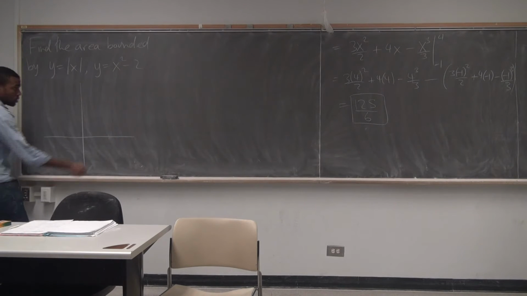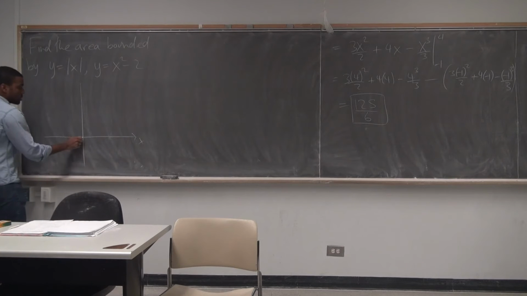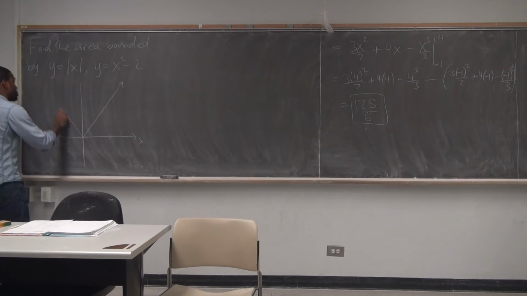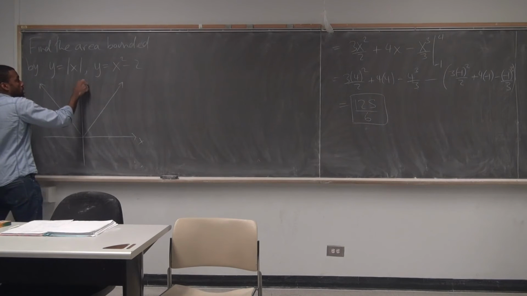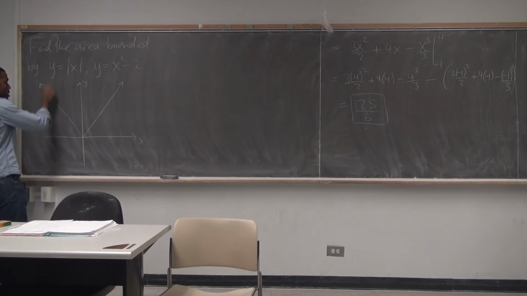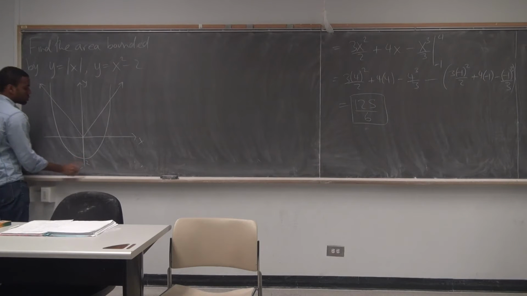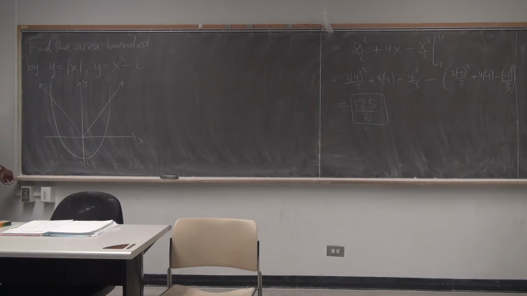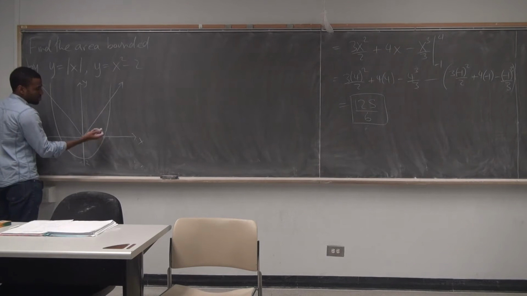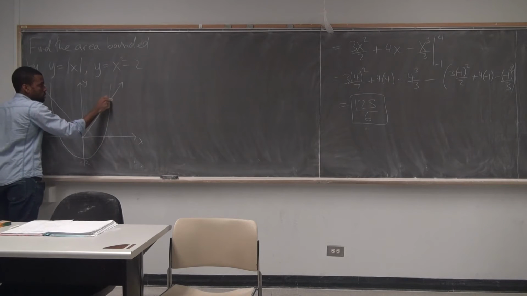Absolute value of x looks like what? So, a V. x squared minus 2 is just a parabola that goes down to minus 2. Of course, we don't really care about the intercepts, we care about these intersections.